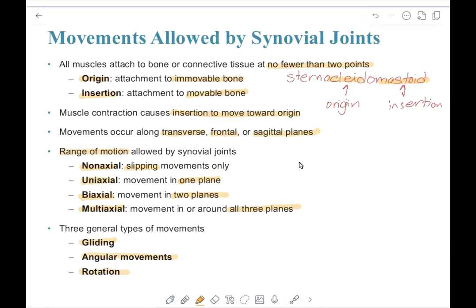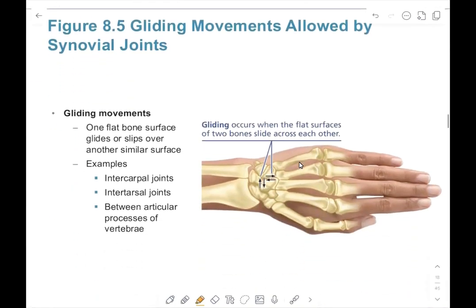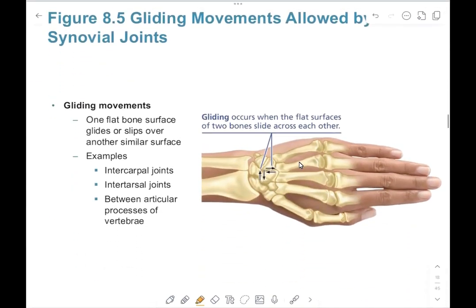So we're going to go into the first type of general movement, which is gliding. The gliding movements are found in places like the wrists, the carpals, because there is one flat bone surface that glides or slips over another surface.